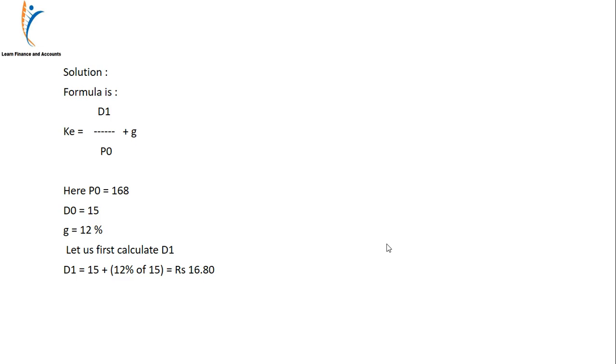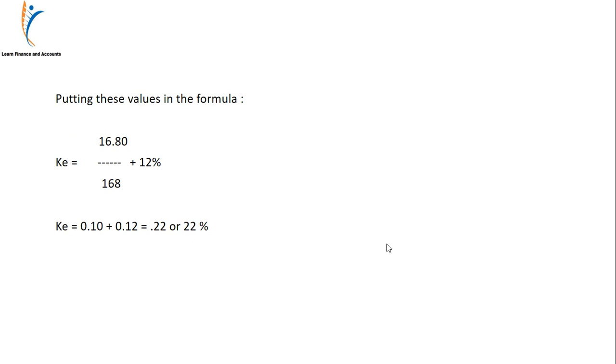D1 is equal to 15 plus 12% of 15, which is equal to 16.80. Now when we put these values in the formula, KE becomes 16.80 divided by 168 plus 12%. This means KE is equal to 22%. It will be calculated as 0.22, but when we convert this into percentage, it will be multiplied by 100 and 22% will be the result.